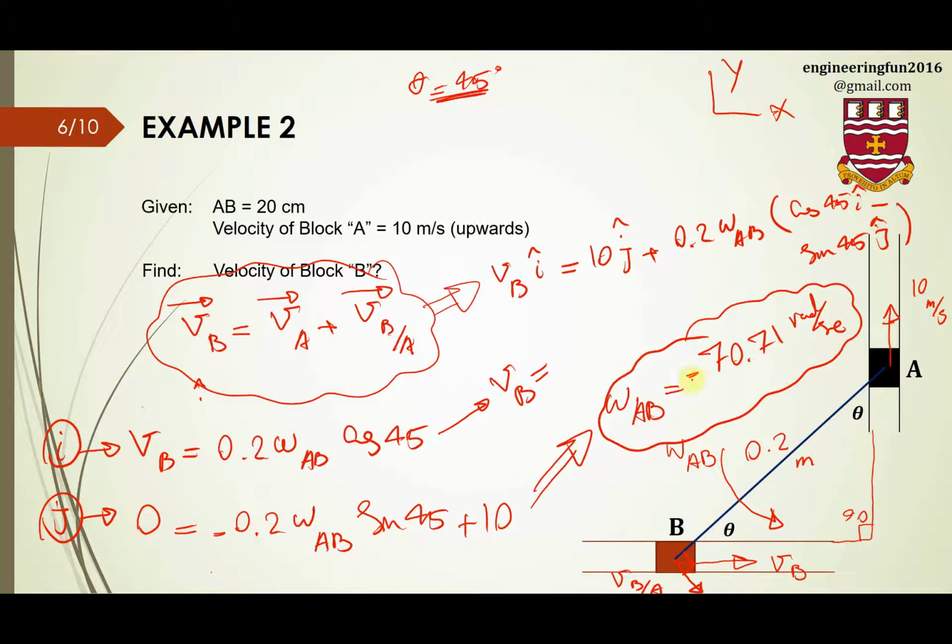This is positive here, because when it goes to the other side, that changes to positive. So VB will be 10 meters per second. You see that with just one simple equation, I could find the two unknowns. I was just asked to find the velocity of B, but I also found the angular velocity of this rod.